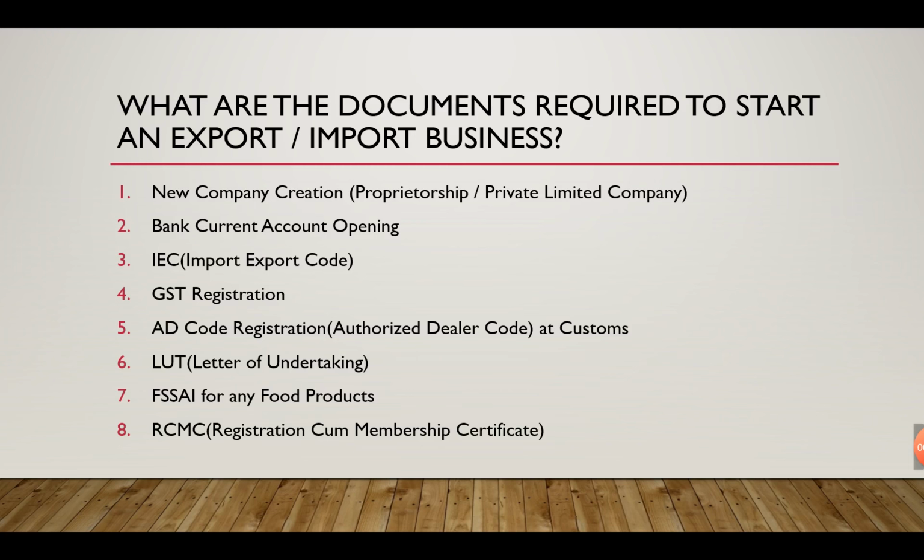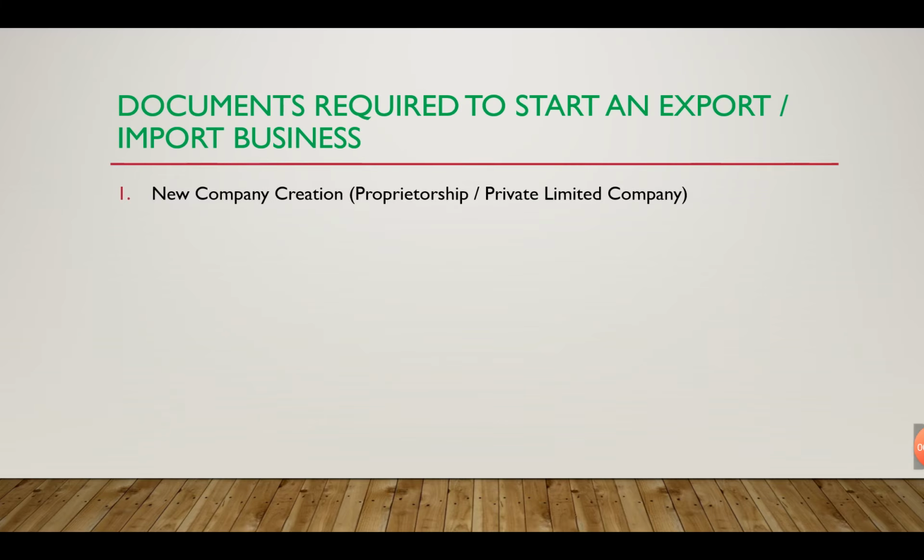Bank current account opening, IEC code, GST registration, AD code registration, LUT, FSSAI, or RCMC. So these are the mandatory documents to start any export import business. So we will get into more details about each document.